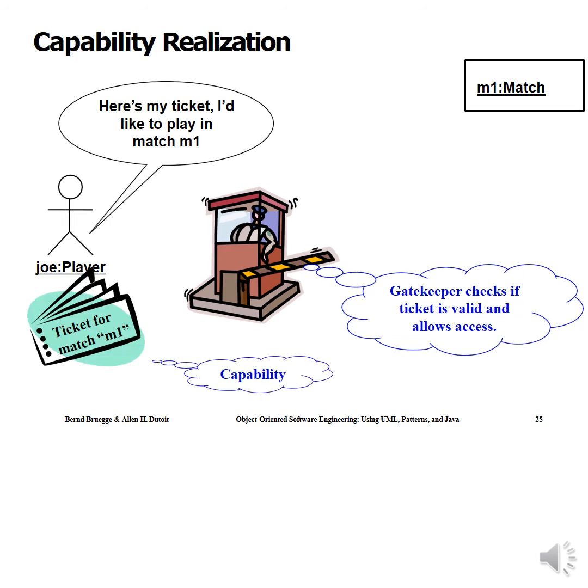So this is an example of capability realization. Here the player Joe has the ticket for match M1 and the gatekeeper just checks the validity of the ticket. If the ticket is valid, the access will be allowed to the actor.